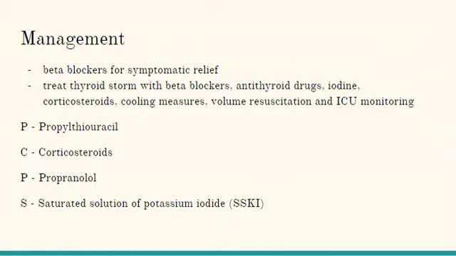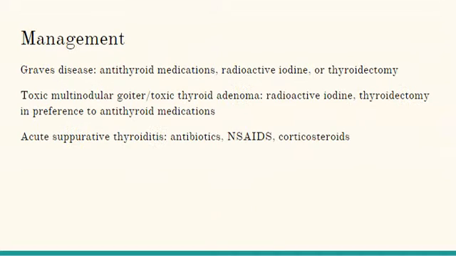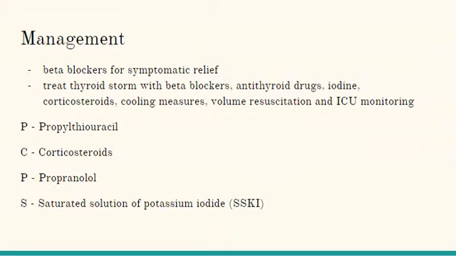And S, this is kind of the oddball here. S stands for saturated solution of potassium iodide, SSKI for short. Oh, and one thing here, you would never want to give the iodide initially. You always want to make sure that they at least have the anti-thyroid medication first before giving them the iodide.